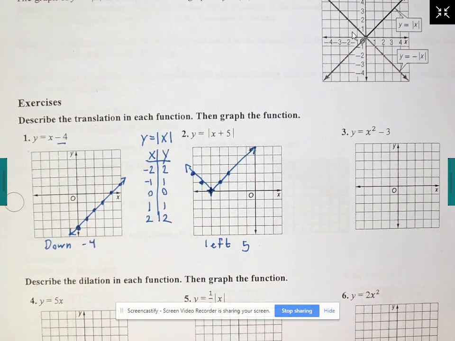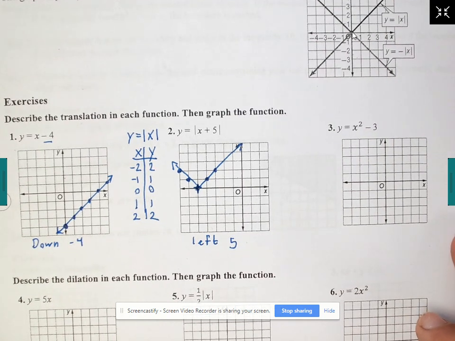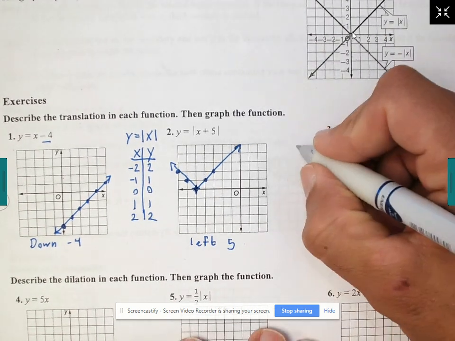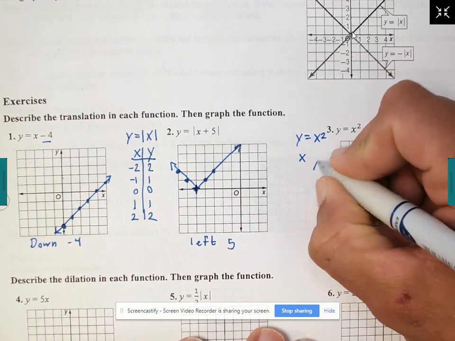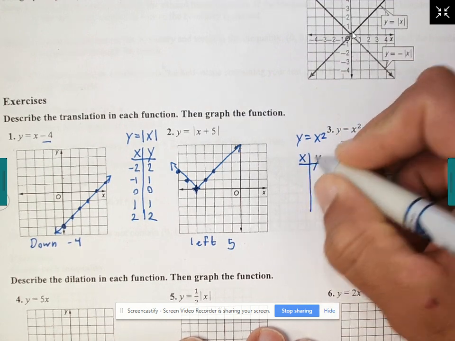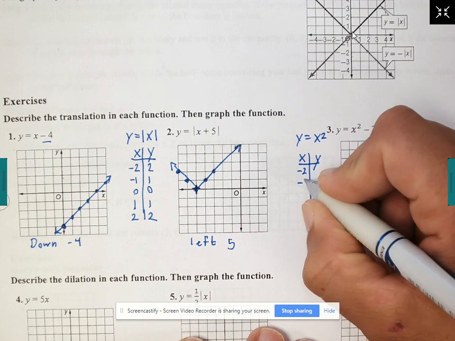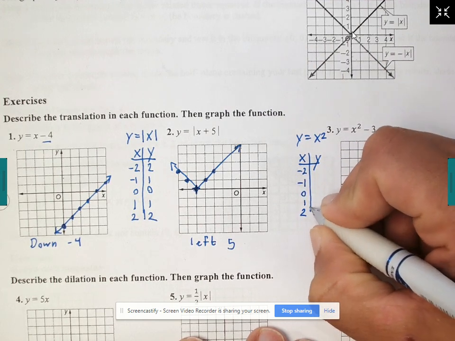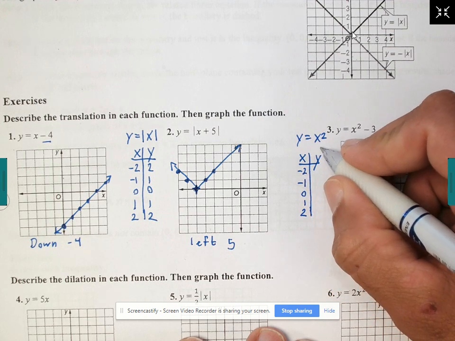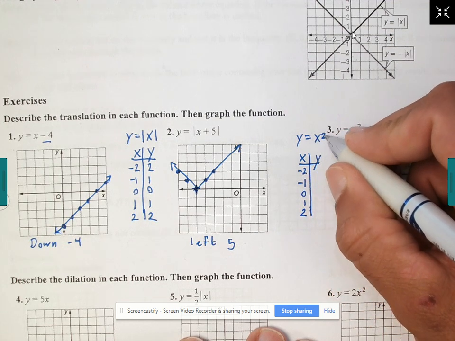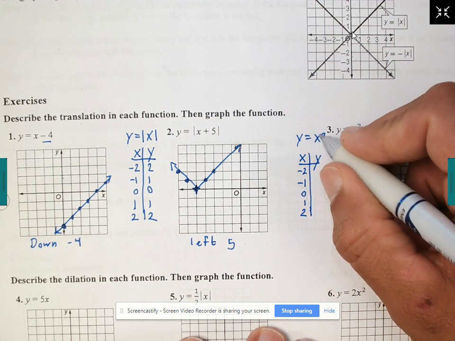Now for the next one, we have a quadratic. And remember the parent function for the quadratic, the key points would be -2, -1, 0, 1, 2. And to get the y coordinates, I'm just going to square every x. I'm squaring every x because this is the function x squared, so it's telling me what to do to get the y.